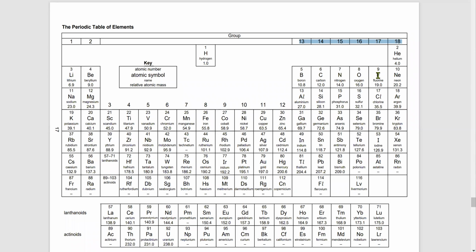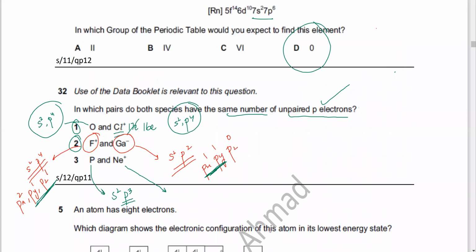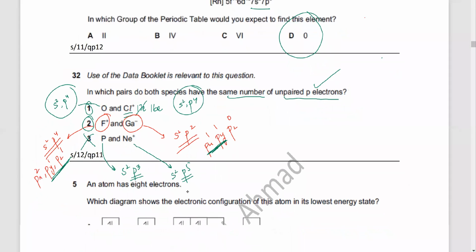But now it has lost an electron, so it's going to be the electronic configuration of fluorine. So that would be s2p5. Now these two clearly have a different number of unpaired orbitals. Over here, there are 3 unpaired orbitals. Over here, most of them are full except for 1. So 1 unpaired orbital. So the third one would be incorrect. Okay? Is this clear to everyone?